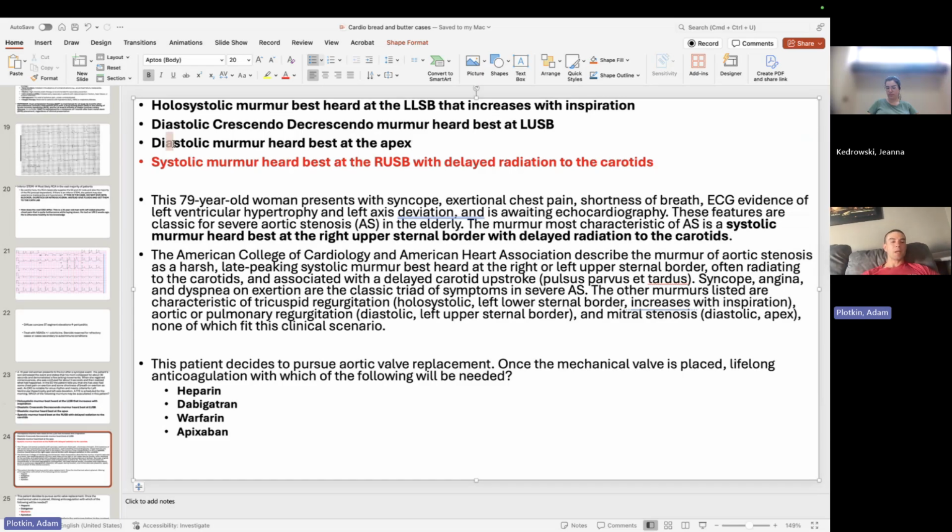We already talked about B, and then what's C? Diastolic at the apex. Mitral stenosis. Yep, mitral stenosis. And then just for completeness, what might you hear for mitral regurg? Mitral regurg. So that would be systolic, and then you had the opening click.